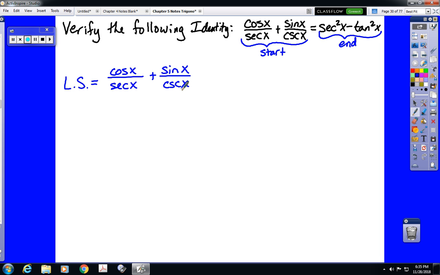Now hopefully we've done enough of these by now that I don't need to keep writing in what things are equivalent to, but I will anyway because these notes are designed to replace a lesson. Secant is going to get replaced with 1 over cosine because we're trying to turn everything into sine and cosine. And cosecant is going to turn into 1 over sine.